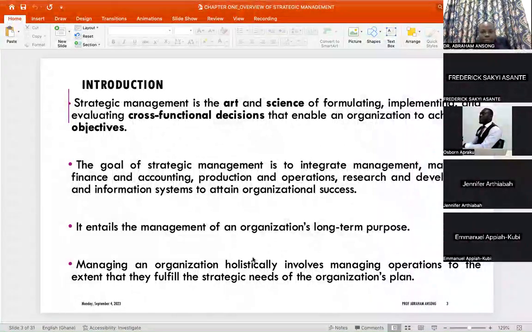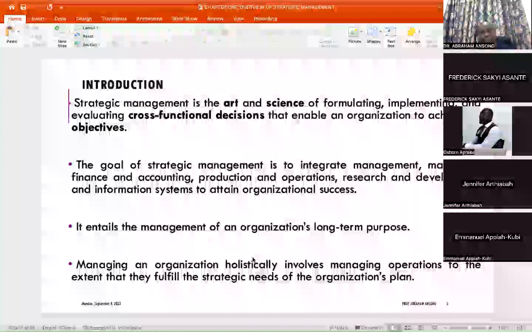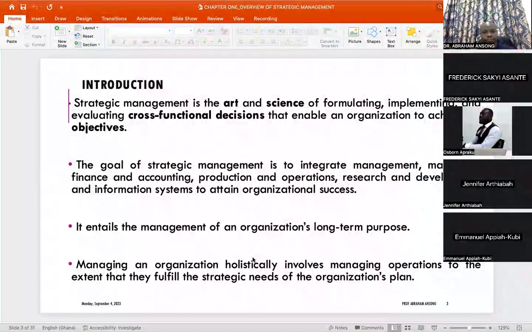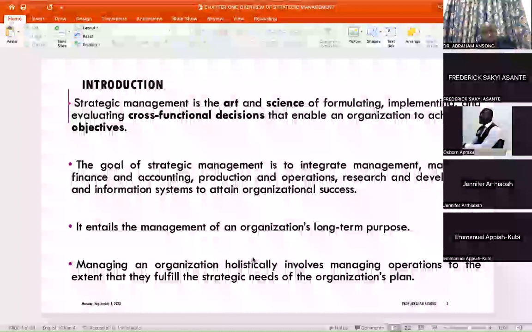Guys, participate. This is Osborne. So when we say an art, management is an art. I think it's a way of appreciating creativity, something that we can express in a way of brainstorming, or trying to appreciate something out of the blue, or trying to create something without any structure.